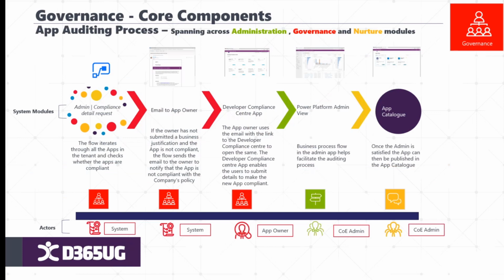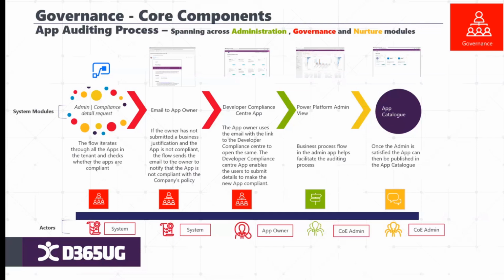This is the example that I was talking about. What I've tried to do is show you an overlap between the three modules. So you have the administration, governance, and nurture modules coming into play, working together against a specific process here. This is an app auditing process where we start with a flow that iterates through all the apps that are present in the environment.